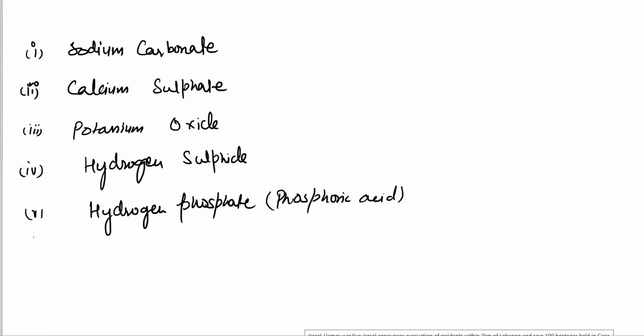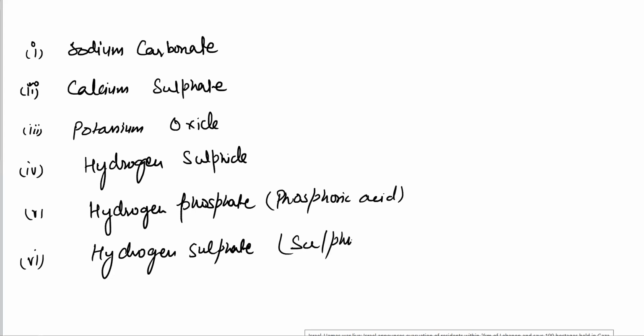Okay. Next, sixth one is hydrogen sulfate. This is sulfuric acid. Okay, don't write it as hydrogen sulfate. Next one is lead nitrate.